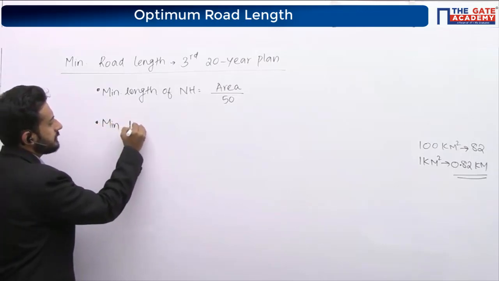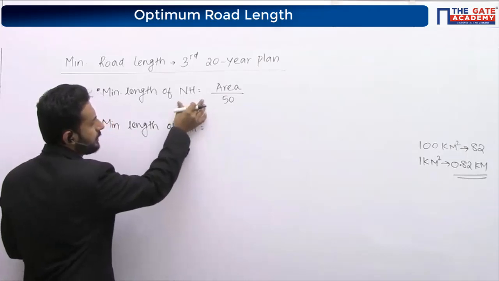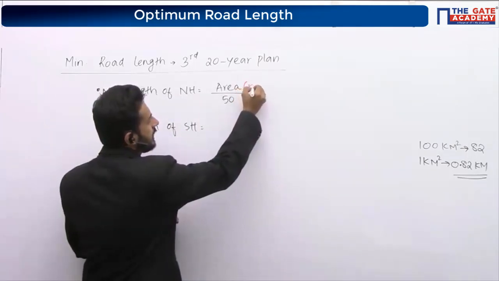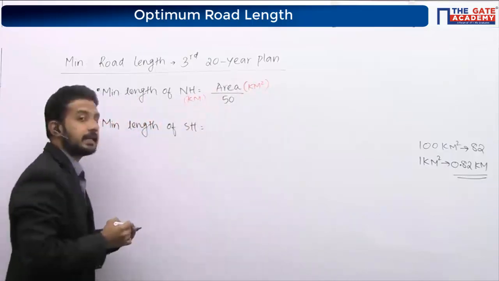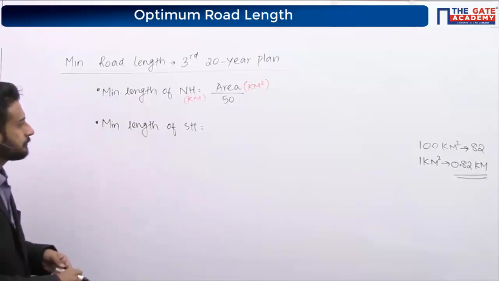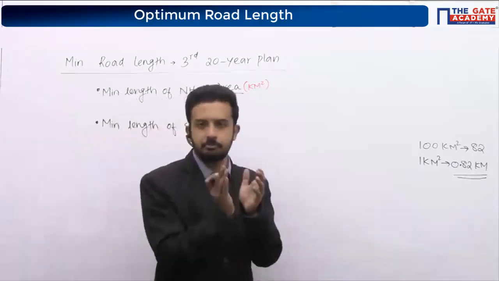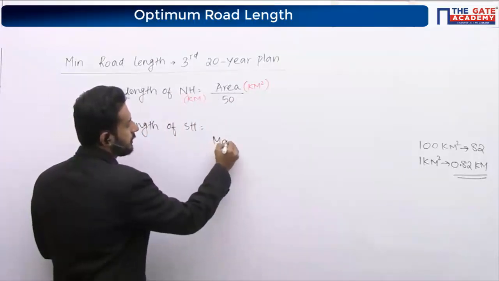Then the minimum length of state highway. See, you have to substitute the area in kilometer square, and the answer you get is in kilometer. It's an empirical formula, no? Why this 50 and all? Based on some calculations, they have made an empirical formula. There are 2 equations.